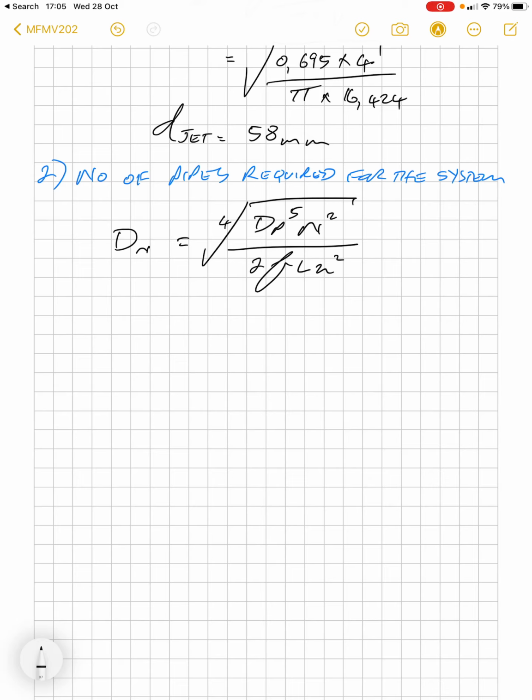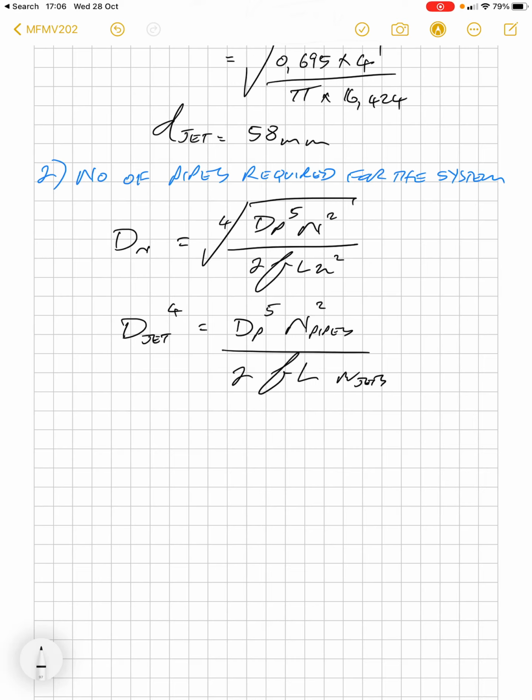So we end up with dp to the 5, n pipes squared, over 2FL n jets.